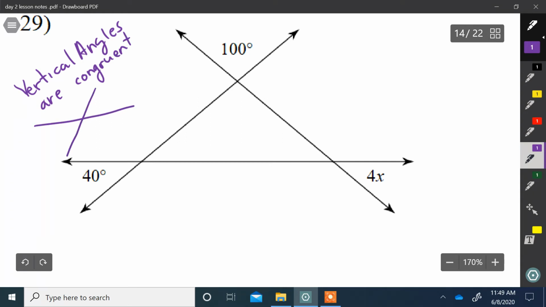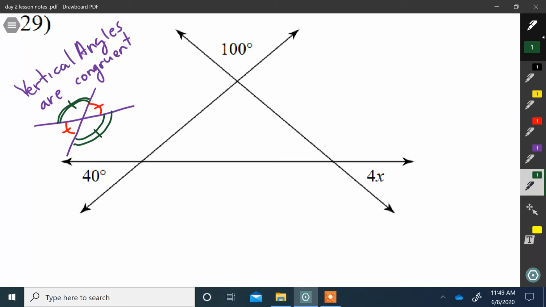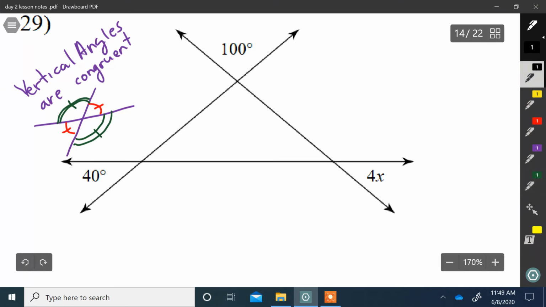Again, if I have two lines like that, this angle will be congruent to that angle, and this angle right here will be congruent to that angle. So we're going to use that fact in here as well. If this is 40, the vertical angle, which is this one, is also 40. If this is 100, so will the other one. And this right here will also be 4x.